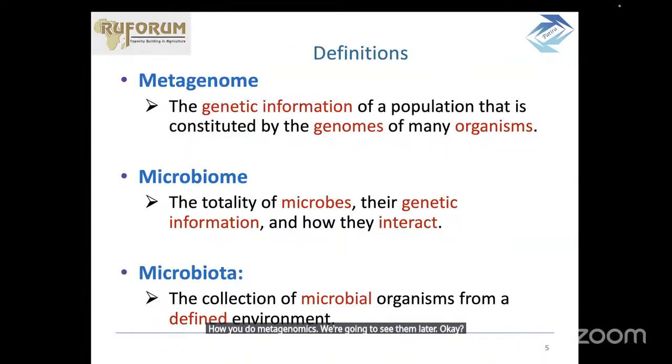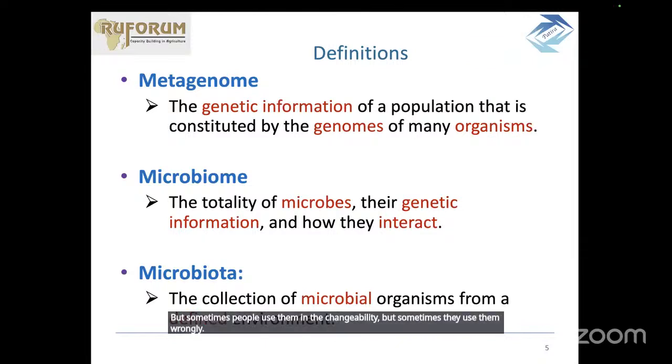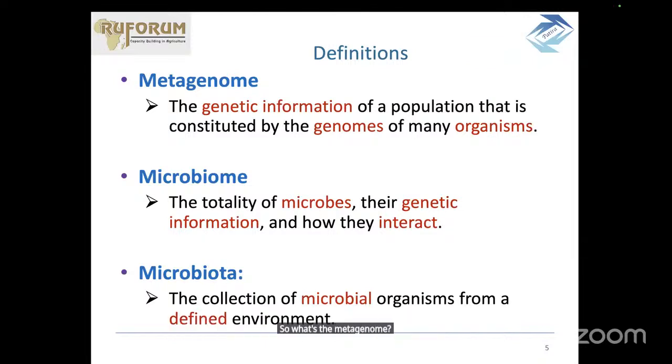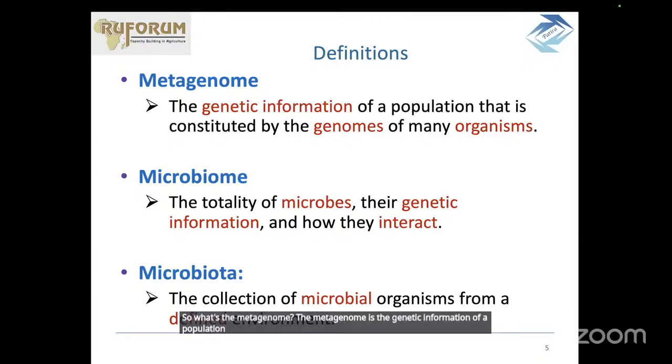But before we go further, I would like to talk about some definitions, because sometimes people use them interchangeably, but sometimes they use them wrongly. So what's the metagenome? The metagenome is the genetic information of a population that constitutes the whole genome of many organisms.